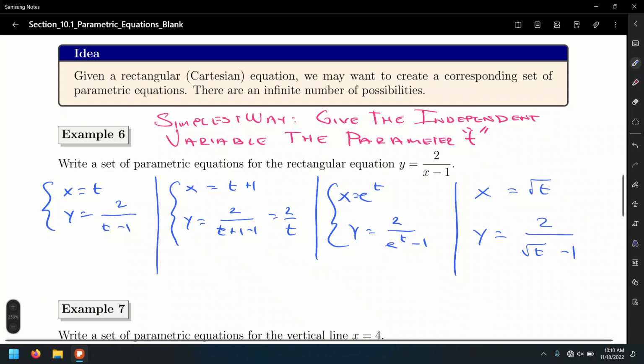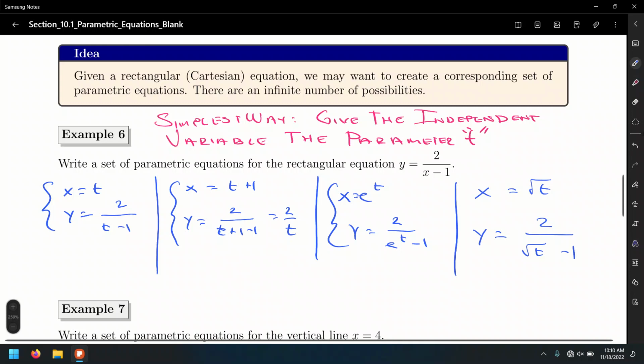We can parameterize these equations in infinitely many ways. However, what are the differences when we choose, for example, the radical function versus the exponential function, or just t? That depends on the purpose of our design of these parametric equations.